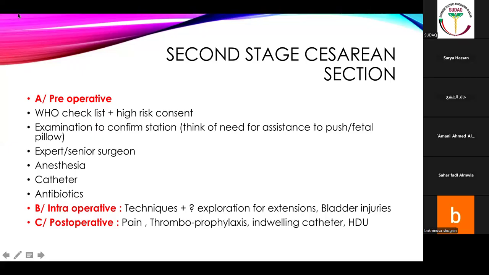Any other suggestion? Consent and address a patient. And antibiotic. Examination. The assessment of the patient. Examination. Who said examination?